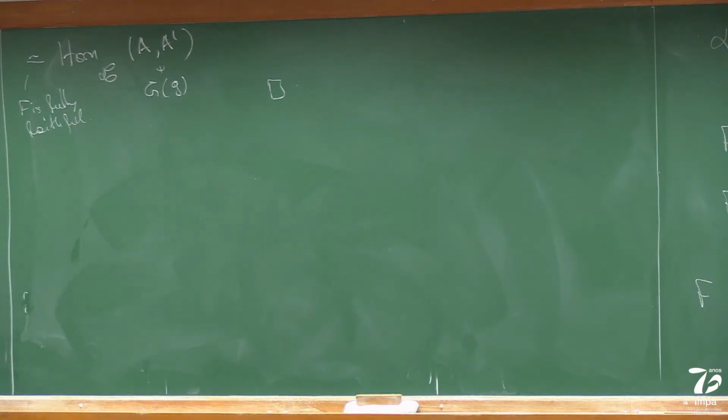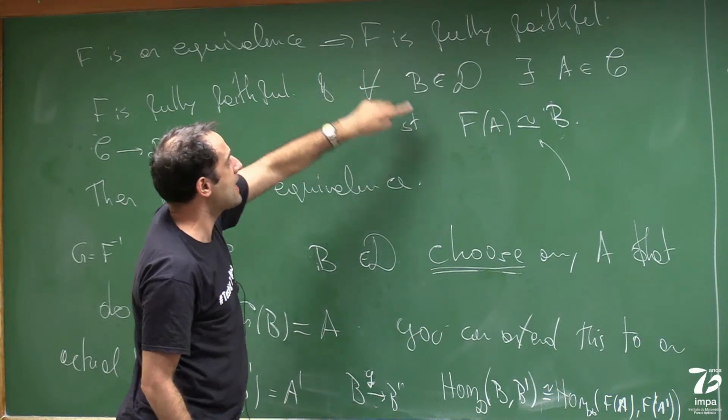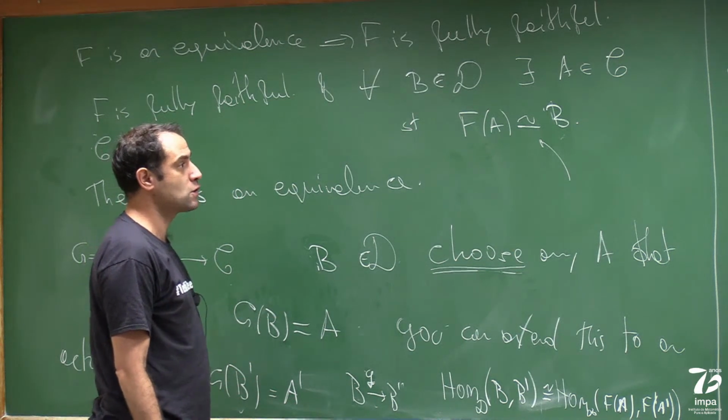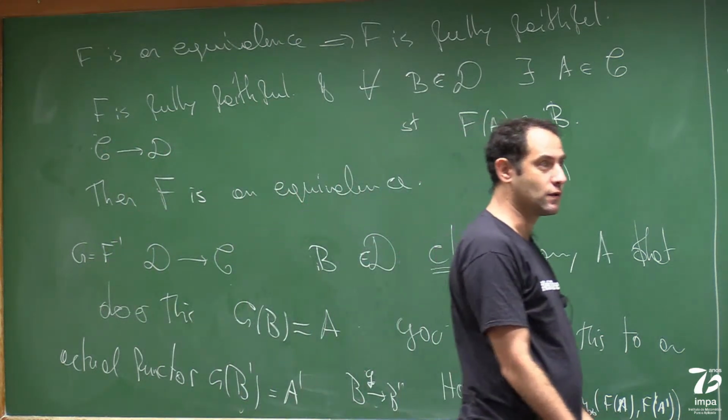Okay, so a functor that is fully faithful and essentially surjective is an equivalence. So every fully faithful functor is an equivalence onto something.